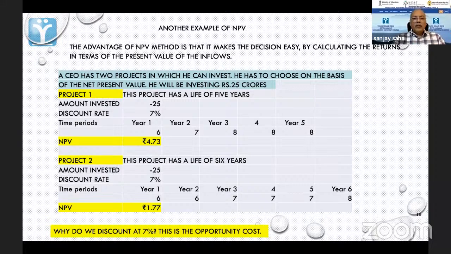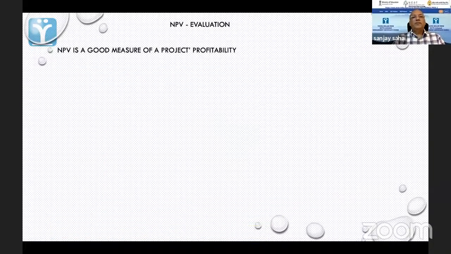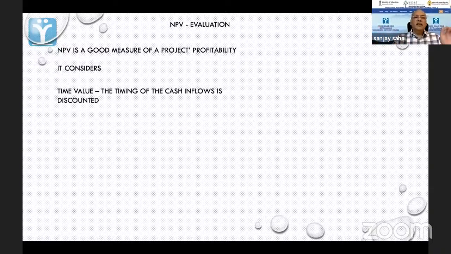Why do we discount at 7%? This is the opportunity cost, like I said in the beginning. Now, to sum up this discussion on NPV, what exactly have we done here? It considers time value. The timing of the cash inflows is discounted.